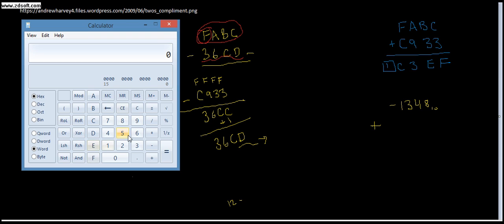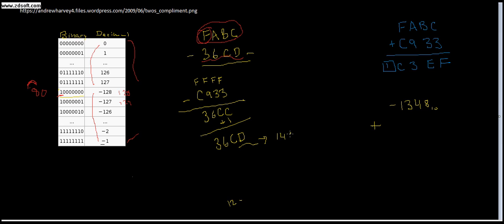So let's see, what is 36CD? Well, we can just type in 36CD and then convert that to decimal for us. The magnitude of our number is 14029. So 14029 base 10.